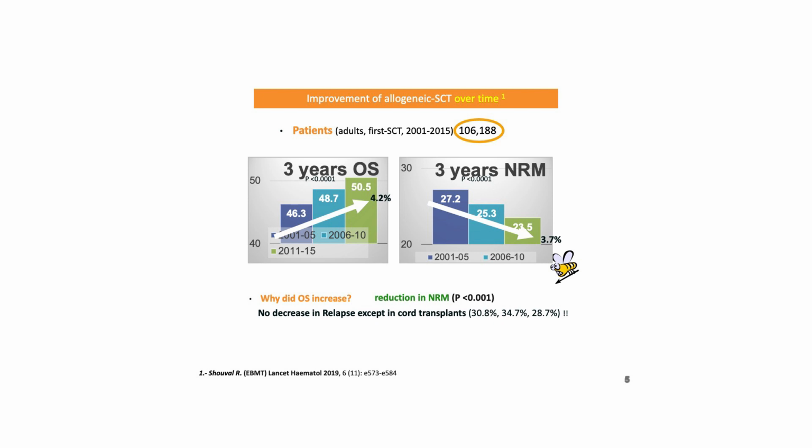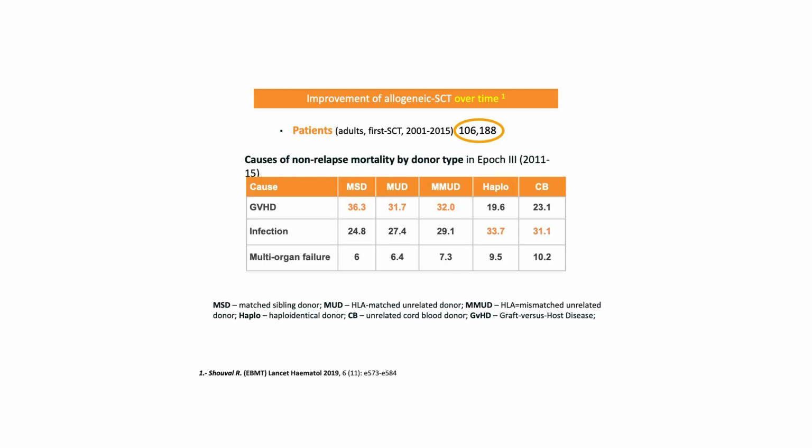As you can see, there was no decrease in relapse except in cord blood, but that is due to better selection of the candidates more than other things. Here you have the most frequent causes of non-relapse mortality: GVHD and infection. It's curious to see that depending on the type of donor, the first cause of death is GVHD or infection.